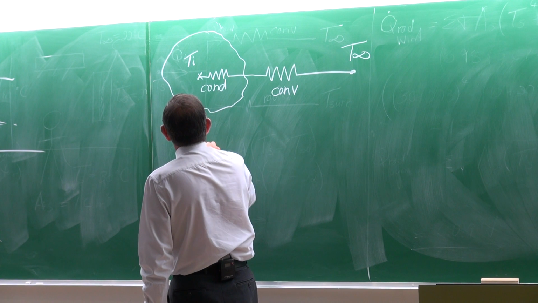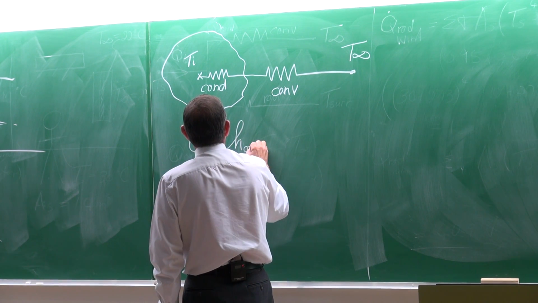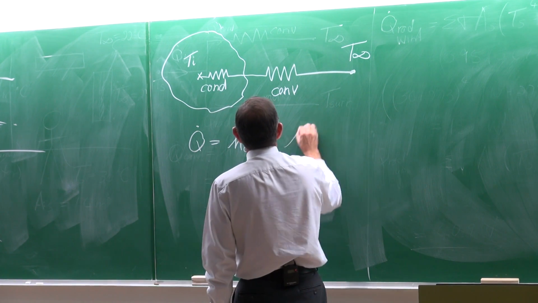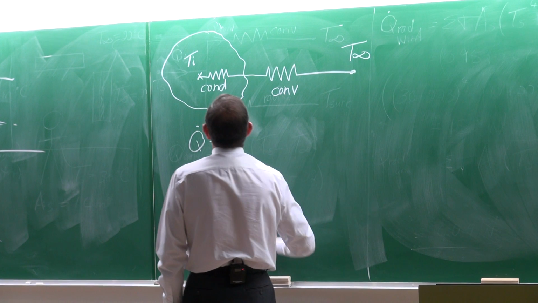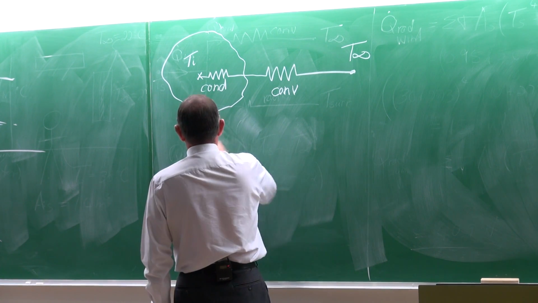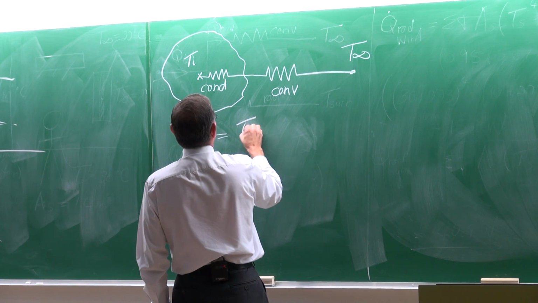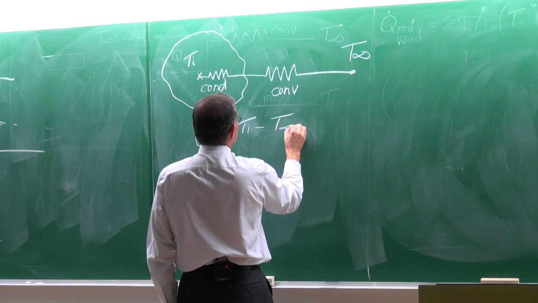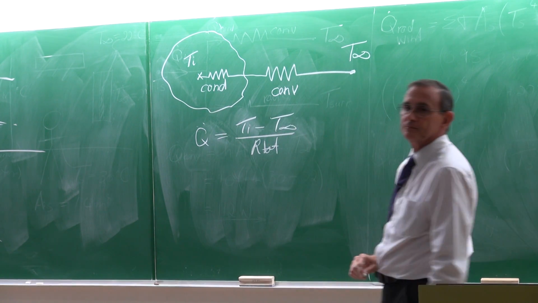So the two terms that you have to look at are the conduction resistance and the convection resistance. So the heat transfer rate would be equal to Ti minus T infinite divided by the total resistance.